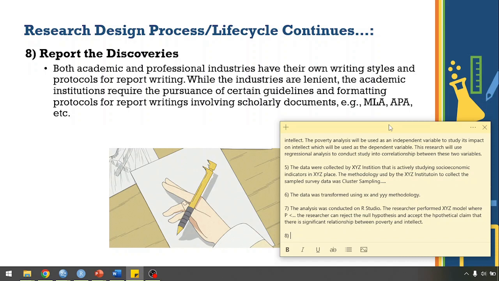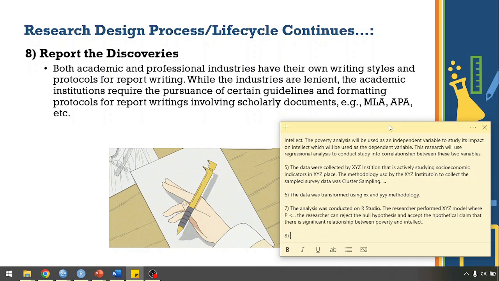How you write the report from step 1 all the way to step 8, especially step 8, depends on your style and how you would like to write the report. But one thing I want to mention is that academic and professional industries have their own writing styles and protocols for report writing.